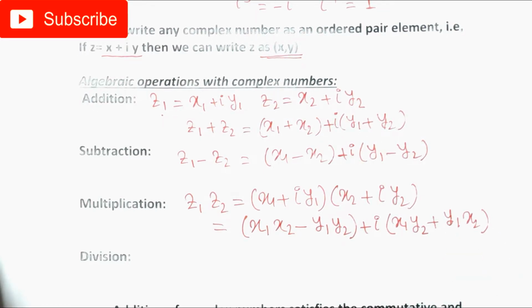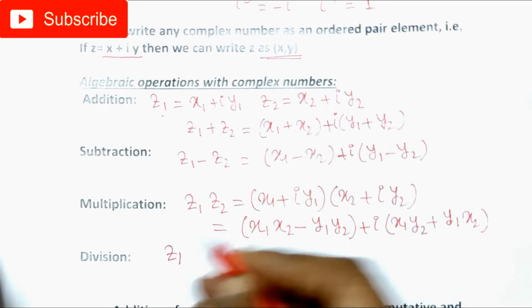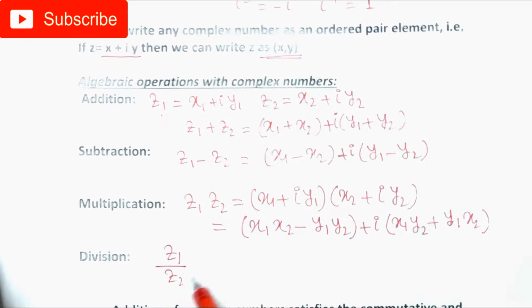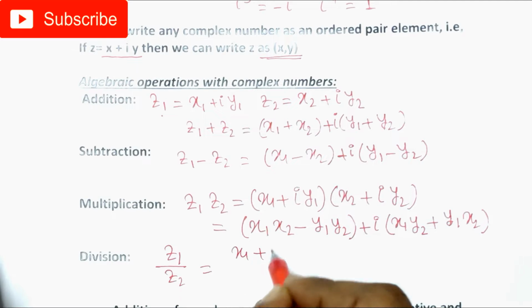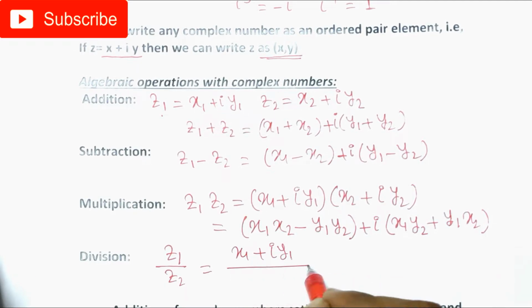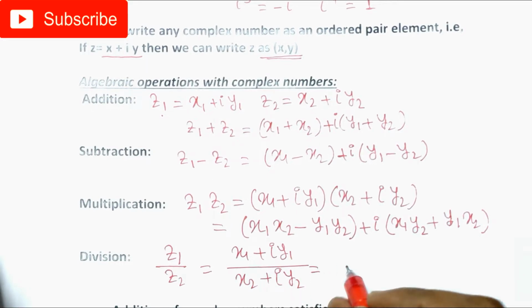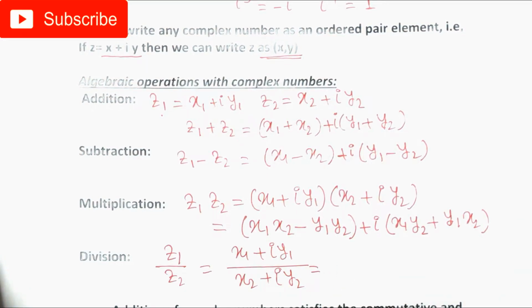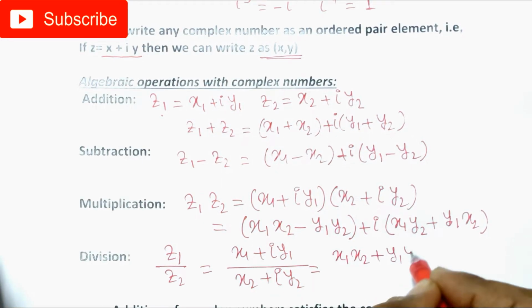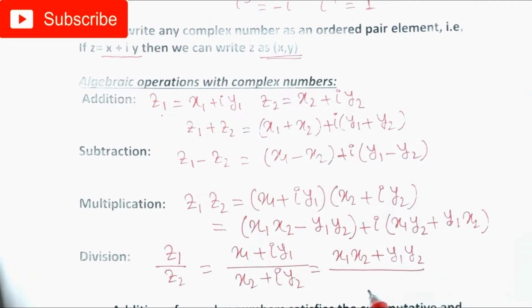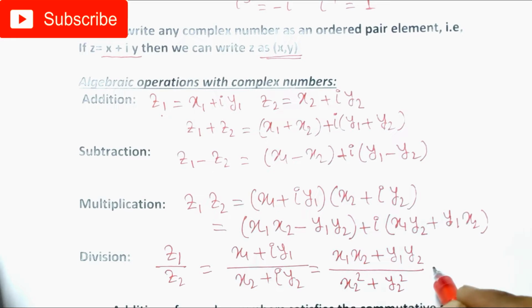For division, if we divide the complex number z1 by z2, then this gives us the value of the division x1 plus iota y1 by x2 plus iota y2, which equals x1 x2 plus y1 y2 divided by x2 square plus y2 square.